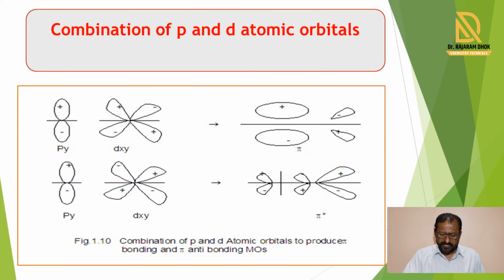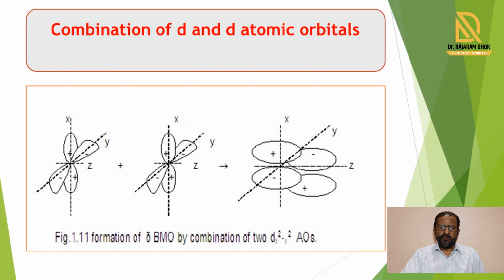Now the last type of combination, that is the combination of d and d atomic orbitals. So we have just seen there are 5 d orbitals. So here 5 d orbitals of one atom and 5 d orbitals of the second atom when combined, then totally 10 molecular orbitals are formed.